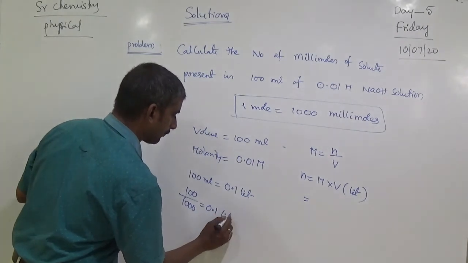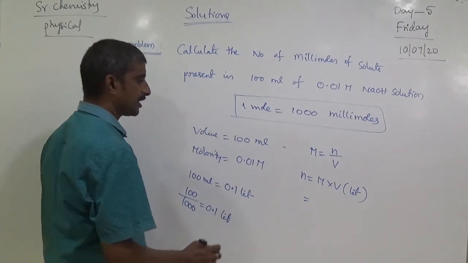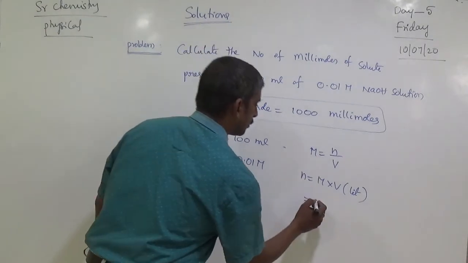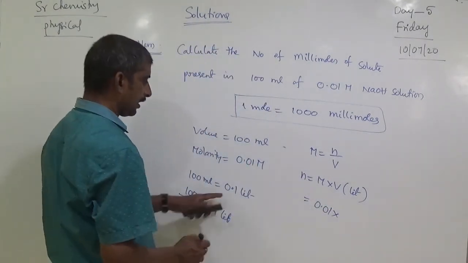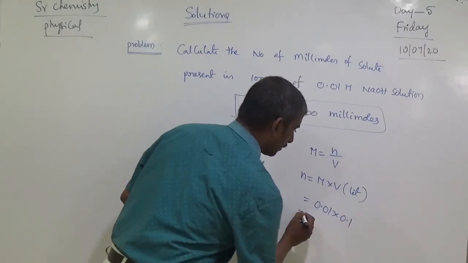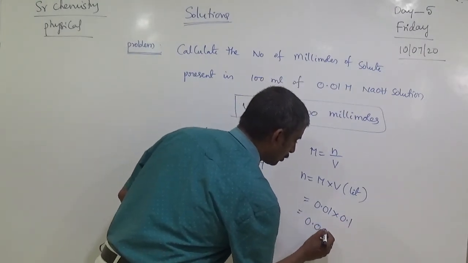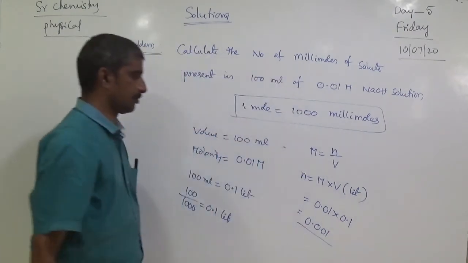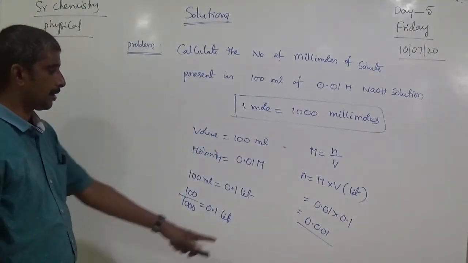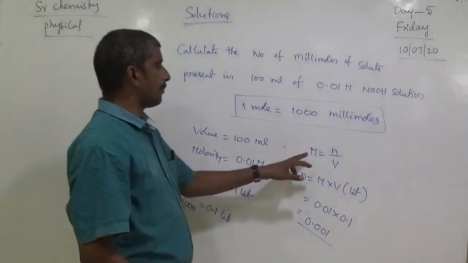Molarity is 0.01, into 0.1, that means 0.001. That is the number of moles.